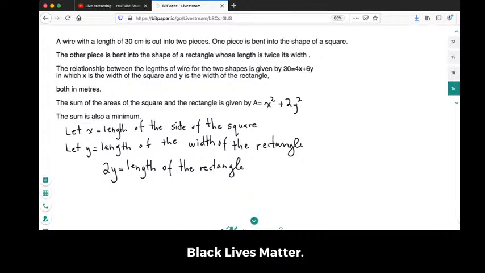So if I know that I can rewrite x as 2y, then that's great. I can plug that in. I'm going to go ahead and do that. So I'm going to have 30 equals, oh wait, sorry. Give me 1 second, you guys.